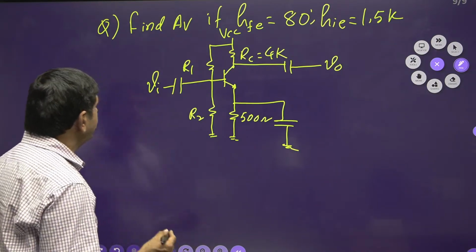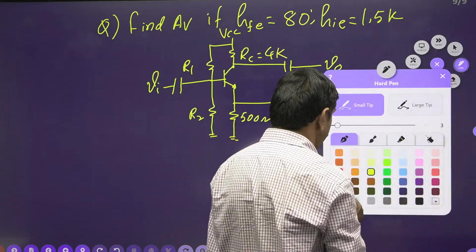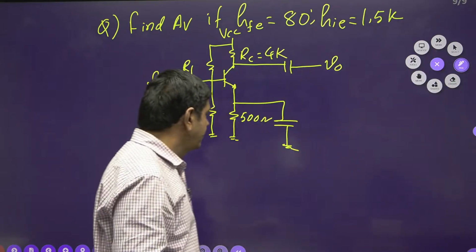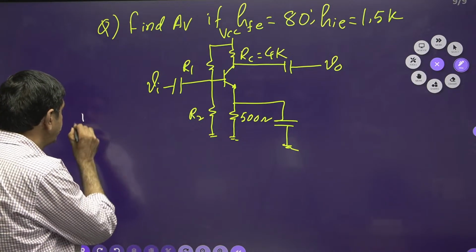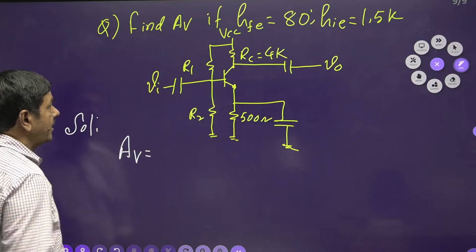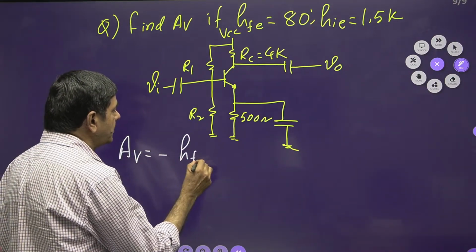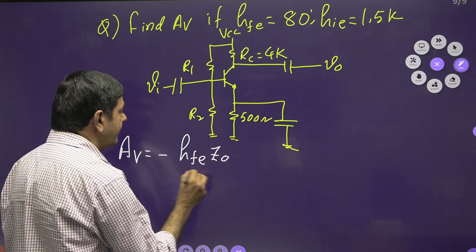How can we find the voltage gain? The voltage gain is calculated by the formula: minus HFE into Z0 by HIE.